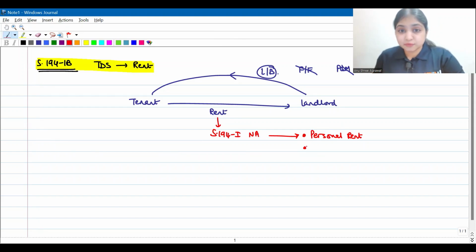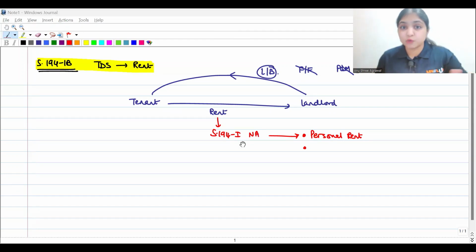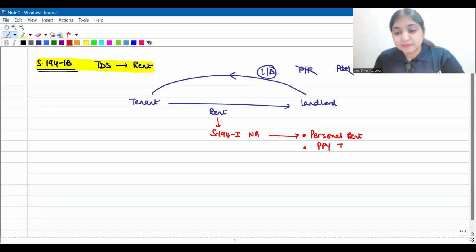Or the second reason, if you see, 194I is a turnover-based section. Because it is such a section, you will be bothered about the preceding previous year turnover, preceding previous year gross receipt. So the second reason is that the preceding previous year turnover is within 1 crore, or the preceding previous year gross receipt is within 50 lakhs, whichever is applicable.